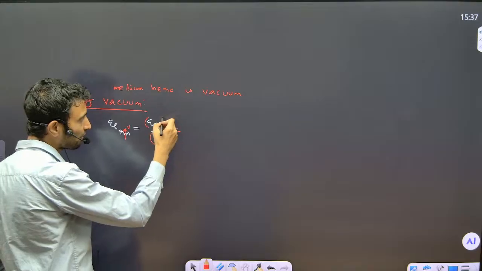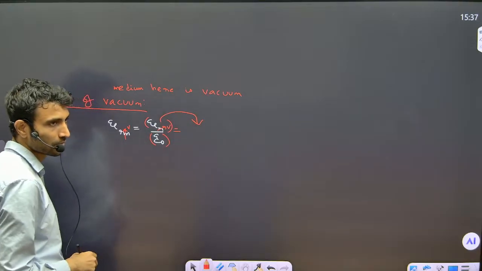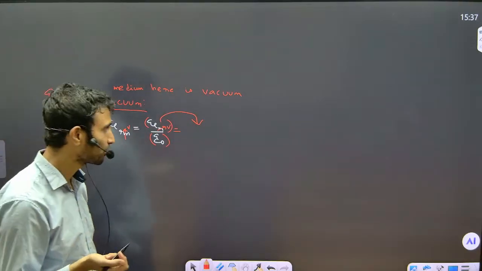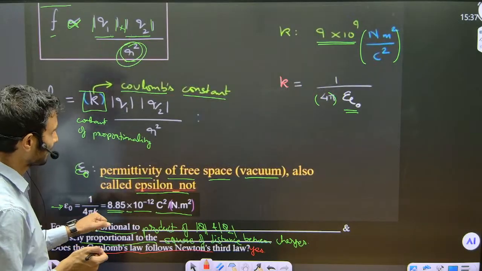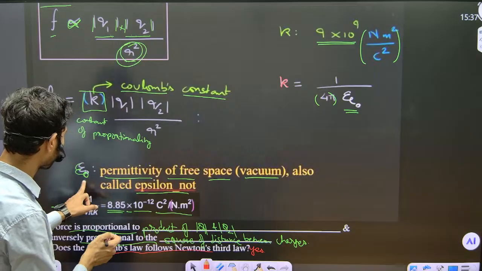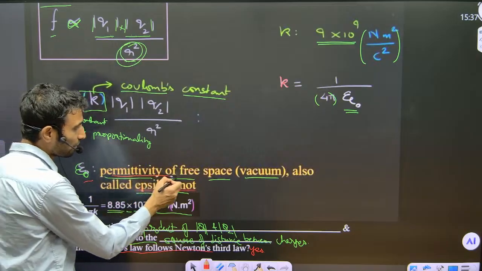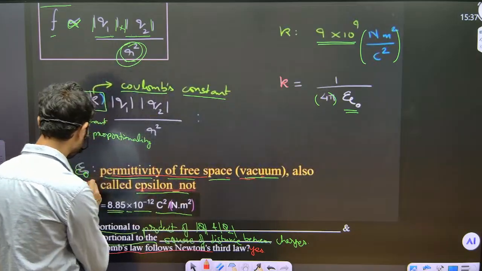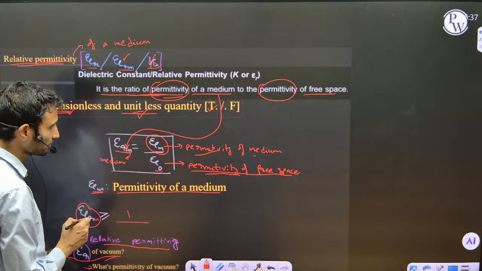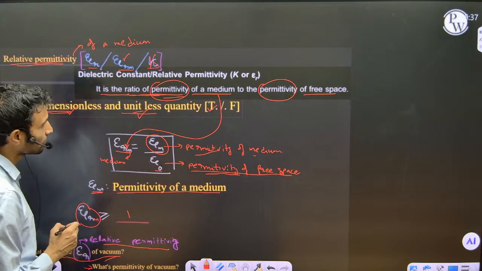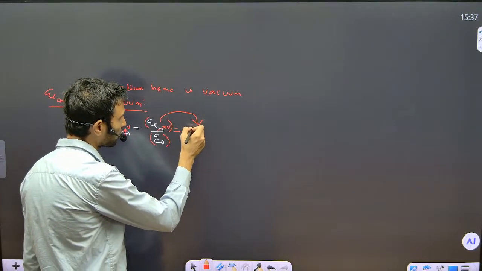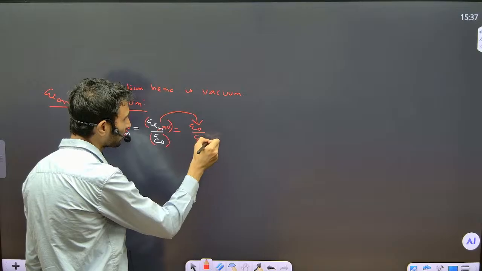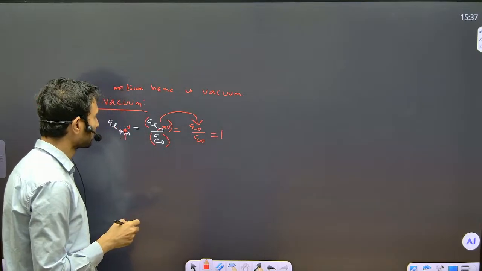And what is epsilon of vacuum? What is the permittivity of vacuum? What was it? Epsilon naught. The permittivity of free space or vacuum is epsilon naught. So it comes out to be epsilon naught divided by epsilon naught, which is equal to 1.